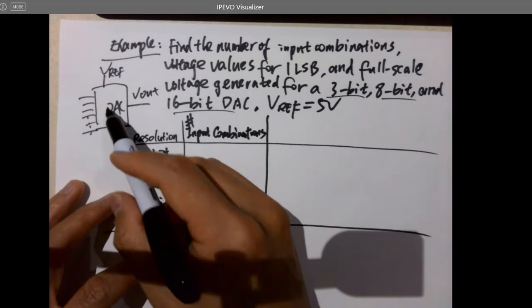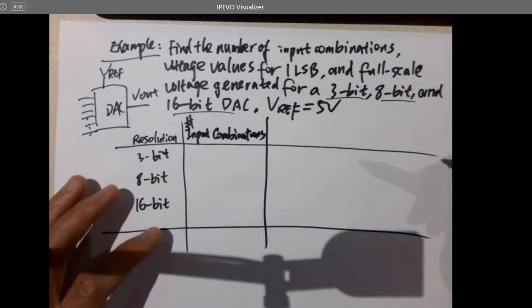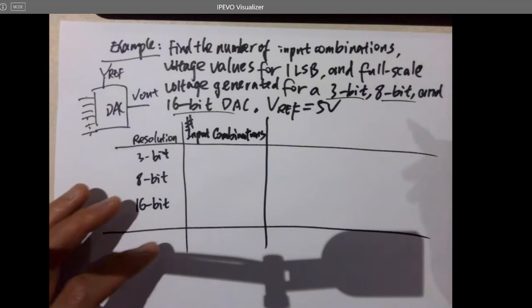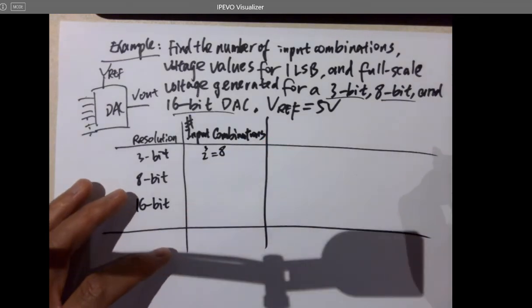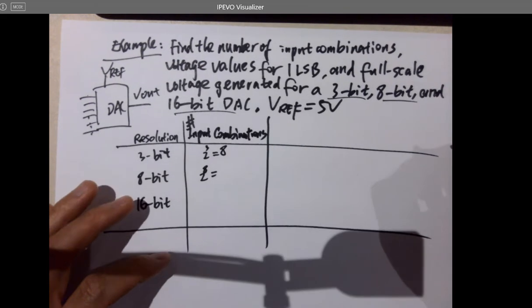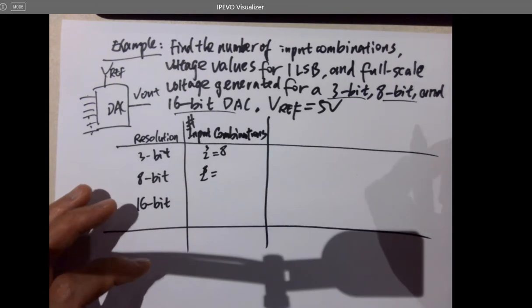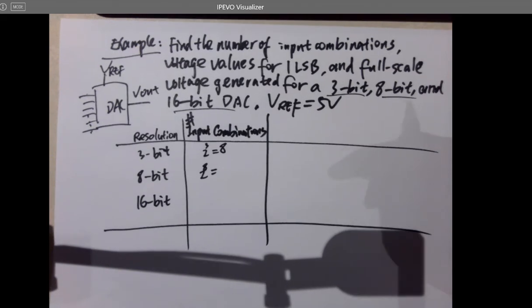For the 3-bit DAC, how many different possible inputs may it have? 8, right? 2 to the 3rd. This one is 2 to the 8th. What is that? If you have a lot of experience with building digital systems, you should get this answer instantly, right? 256. And what about 2 to the 10th? 1024.